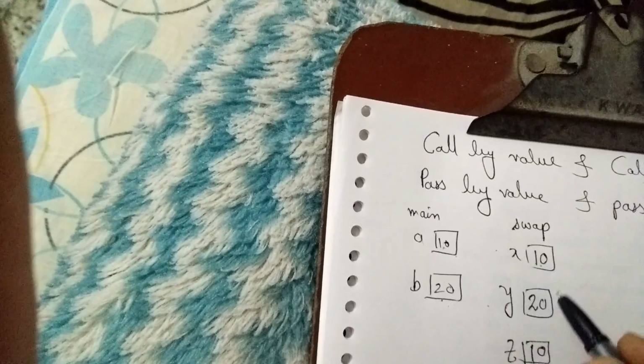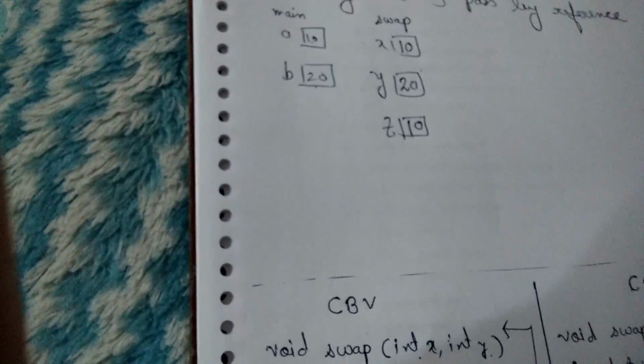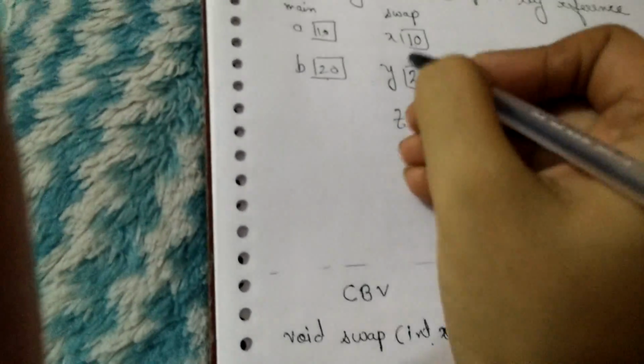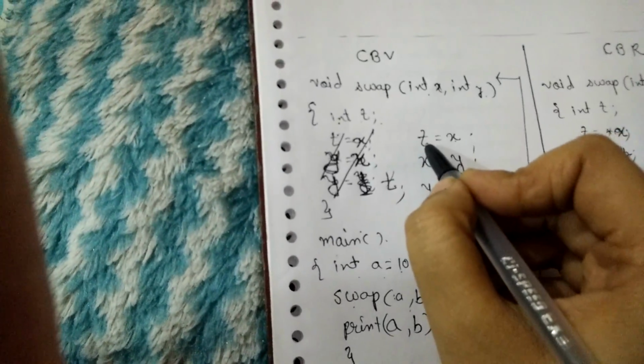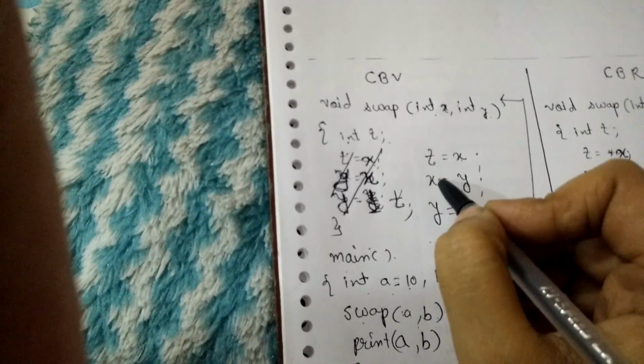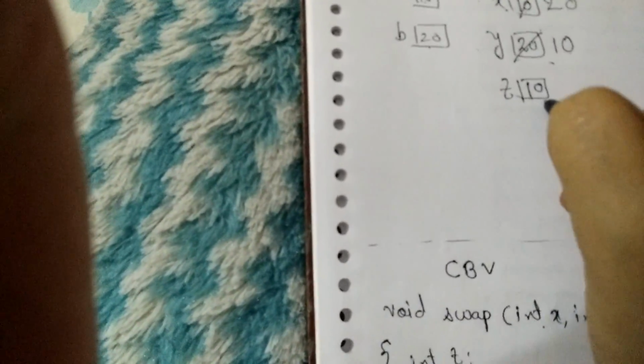Next, the value of y is copied to x, and lastly the value of t is copied to y. So the value of x becomes 20, the value of y becomes 10, and the value of t is 10.